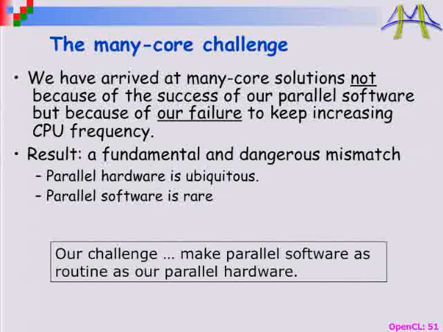So really, what needs to happen is there needs to be some sort of an industry standard for accessing parallel hardware if people are actually going to write maintainable parallel software.